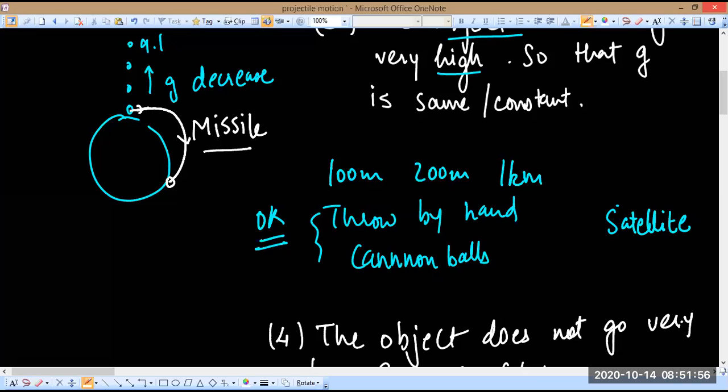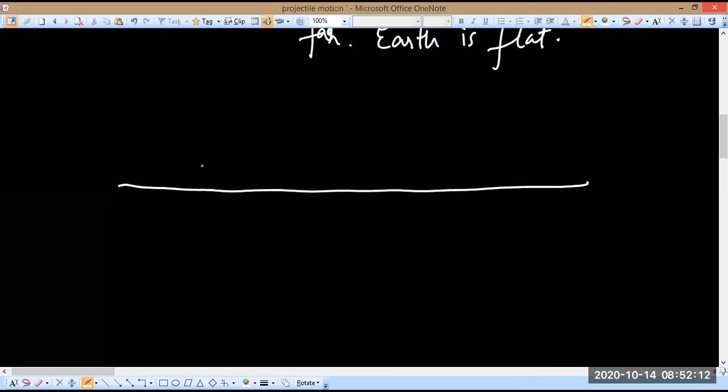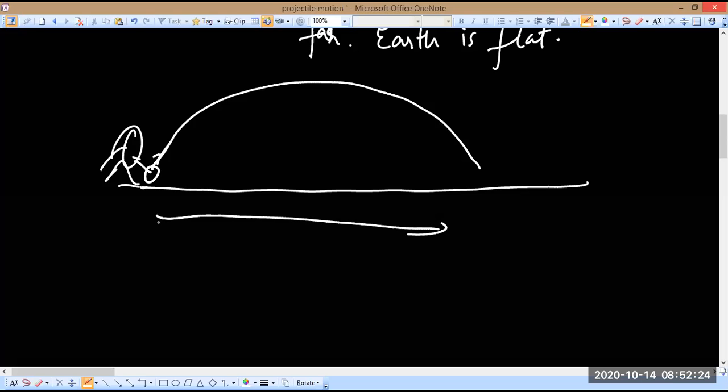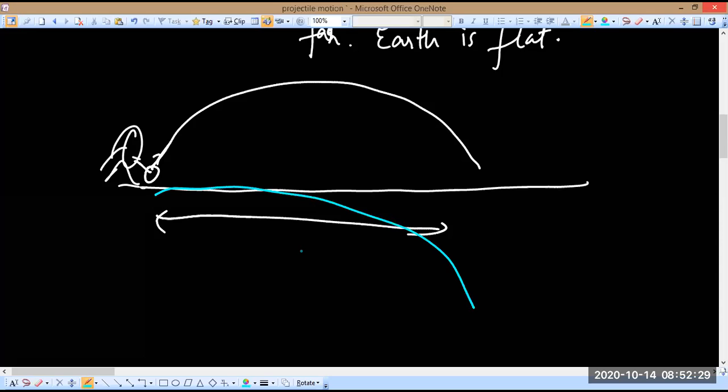So if something goes very far, you can clearly see that this earth is curved. So it has an effect. But if you take a stone in your hand, let's say this is a big football ground, and that's you. You take a little stone, a pebble, and you throw it. Do you think in that much distance the earth is going to curve a lot? I hope you understand what I'm saying.